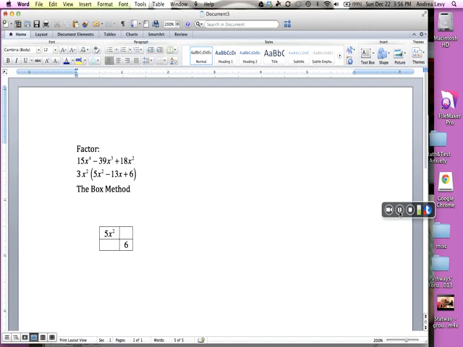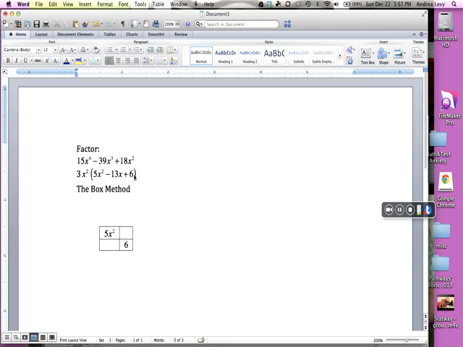Outside of the box, I'm going to multiply this first term and this last term, and I want to find all of the possible combinations of factors that will lead me to this negative 13x when I add them together.